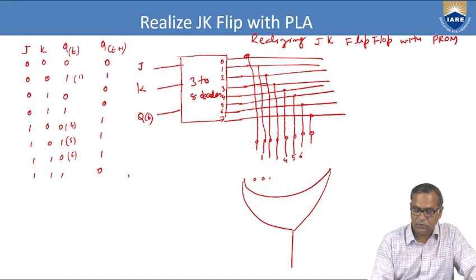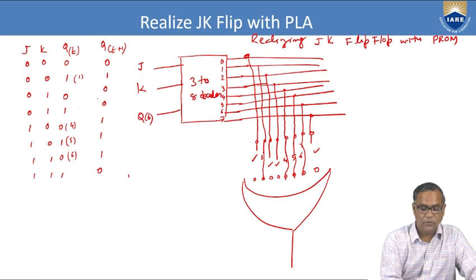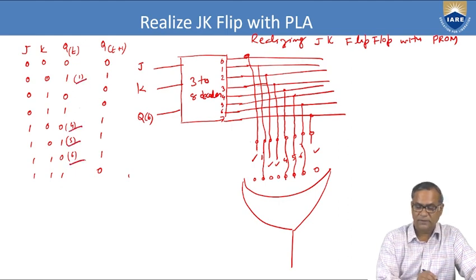So I am going to use only these links, and remaining links are open, because only output is there from the outputs 1, 4, 5, 6.